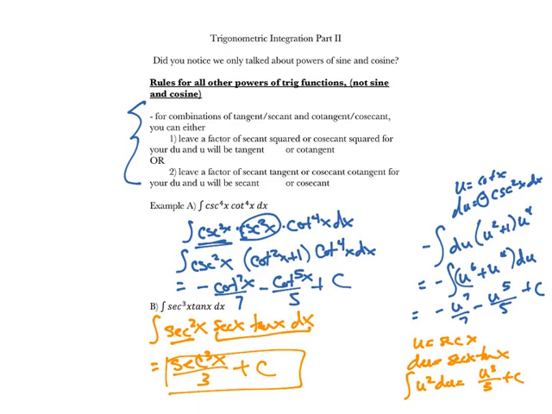Okay, so when they're both odd, you can leave a power of each and then change to secant or cosecant. If they're both even, you can leave a power of cosecant squared or secant squared. And if you only have one power, you can change it so that you have both.